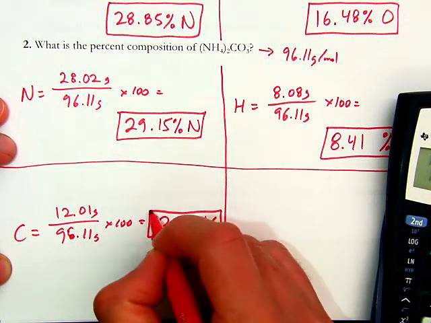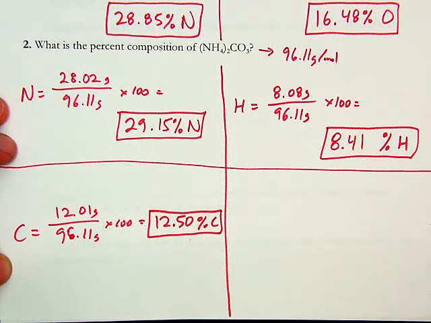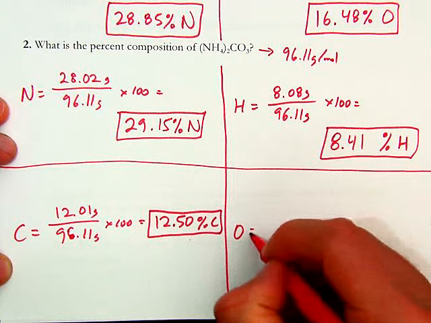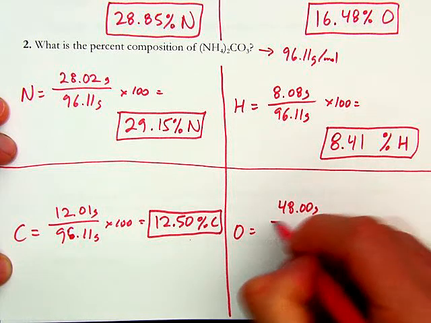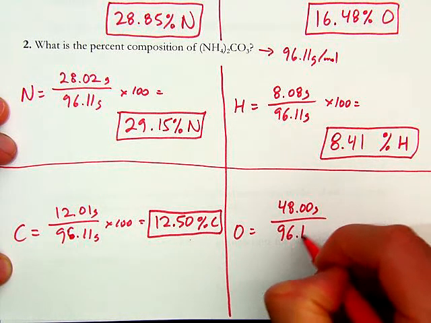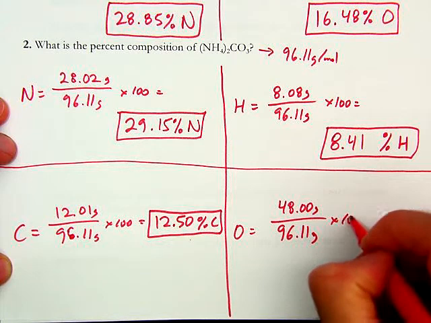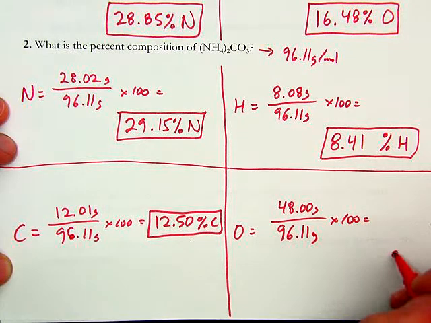So about 12.5% carbon, and then the last one is oxygen. It's going to be 48 of the 96.11 grams times 100. This will tell us our percent oxygen by mass.